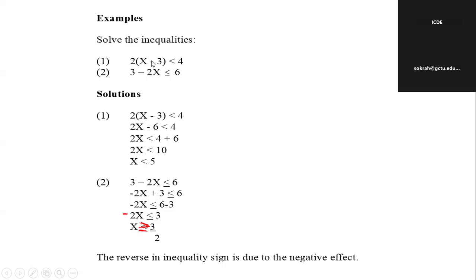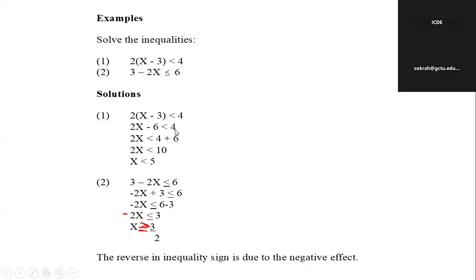So let's solve the first one. 2 into bracket x minus 3, bracket close, is less than 4. We need to remove the brackets by expanding. So 2 multiply x and 2 multiply negative 3. That gives us 2x, and 2 times negative 3 gives negative 6, less than 4.